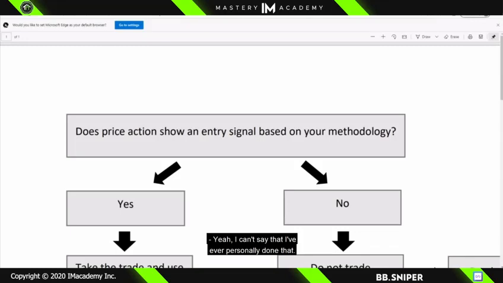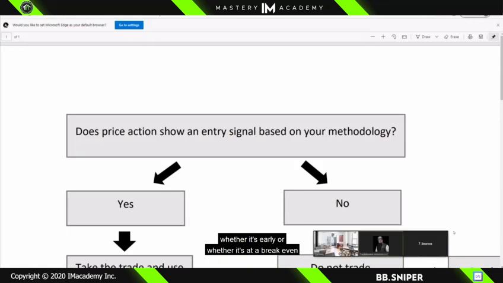Yeah, I can't say that I've ever personally done that. My personal approach is if I'm going to take the loss off, whether it's early or at break even or whatever it may be, even a small loss without it actually hitting the stop, when I choose to do that, there is a reason why.